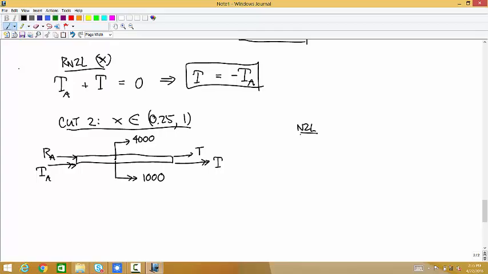So Newton's second law, X component, says RA plus 4,000 plus T is equal to 0. So T is equal to negative RA minus 4,000.